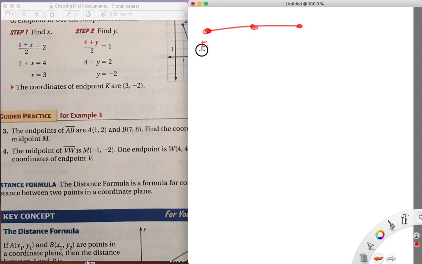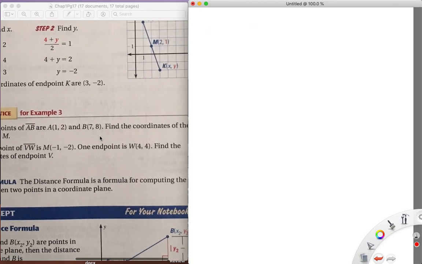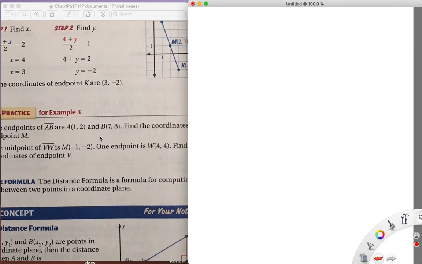So this is the endpoint, this is the midpoint, this is the endpoint. We can use the midpoint formula to find the midpoint, or we can use it to find either one of the endpoints, depending on the information that they give you. So in number 3, they give me 2 endpoints. So they want me to find the midpoint, the coordinates of the midpoint.